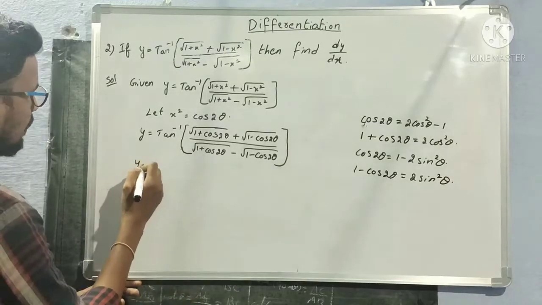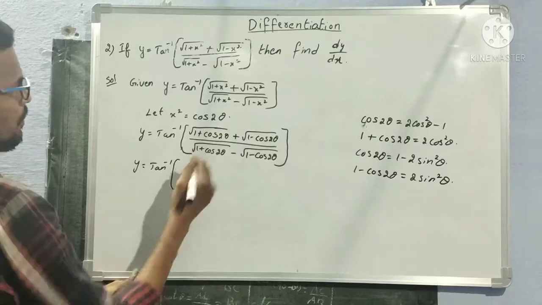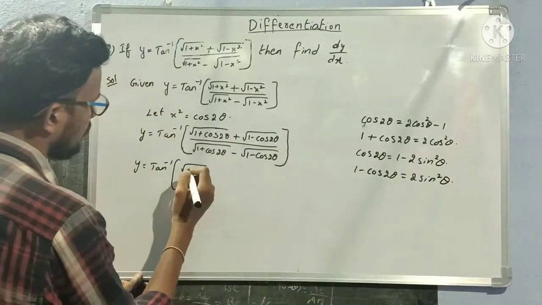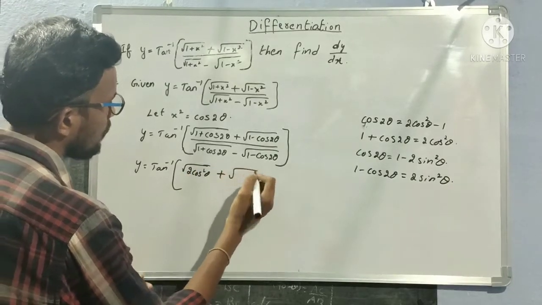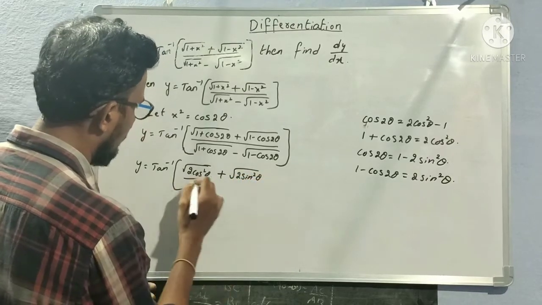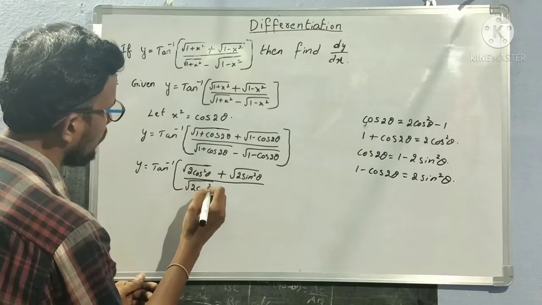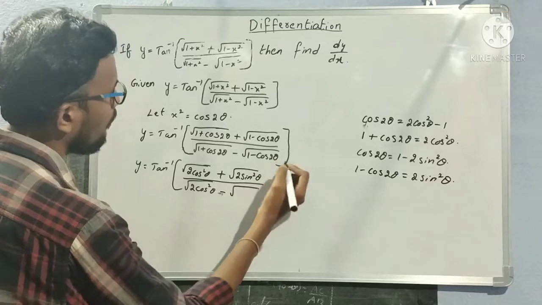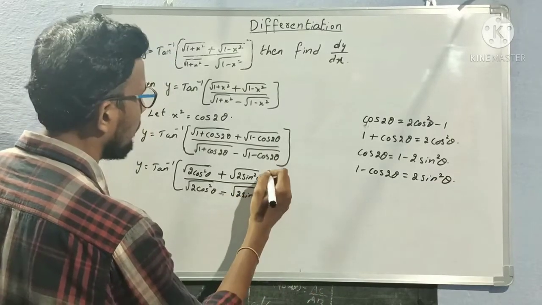So y is equal to tan inverse of (square root of 2 cos square theta plus square root of 2 sin square theta) by (square root of 2 cos square theta minus square root of 2 sin square theta).